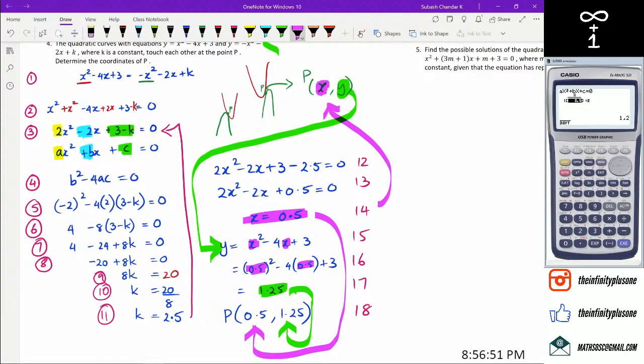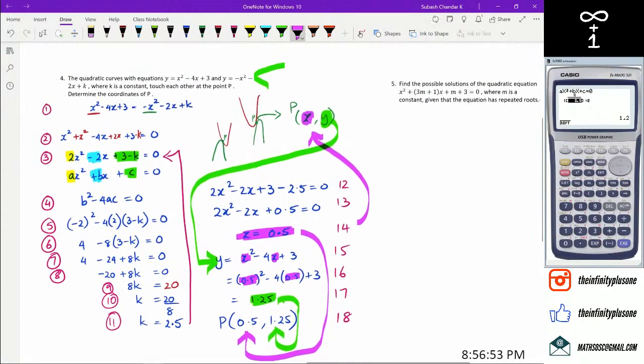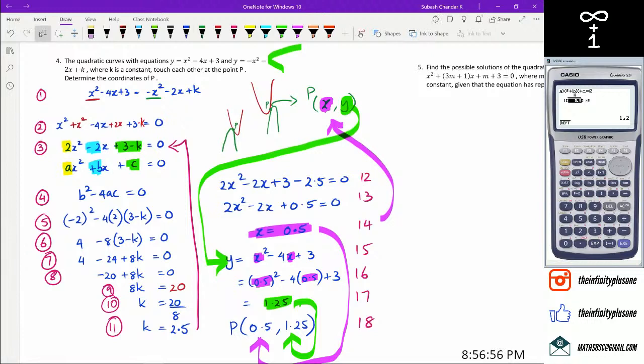Now, Eileen, I could have used either one of those equations that was given to me. To give you another example, I could have used the other equation, which was minus x squared minus 2x plus k. I'm just showing you, you could have used that one as well. Now k was equal to 2.5. So watch what happens. I should get the same exact answer this way as well.